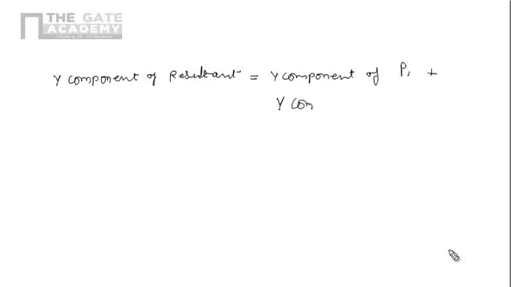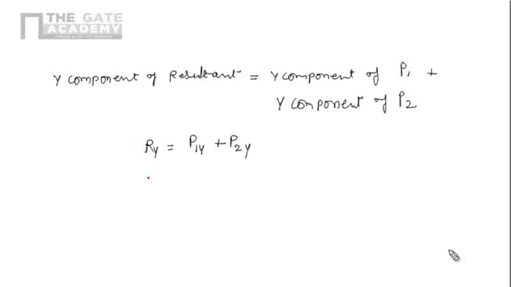And write the equation for the y component. The y component of the resultant equals the y component of P1 plus the y component of P2. We know the y component of the resultant is Ry, the y component of P1 is P1y, and the y component of P2 is P2y.